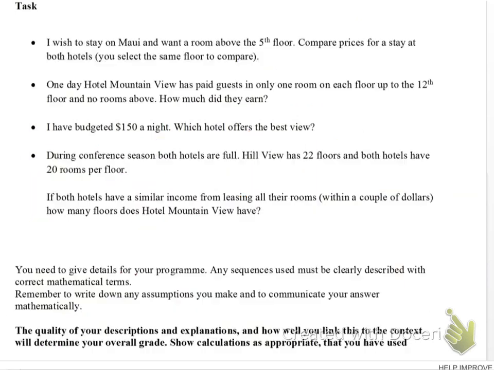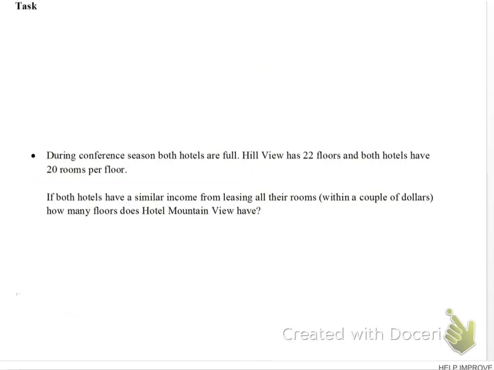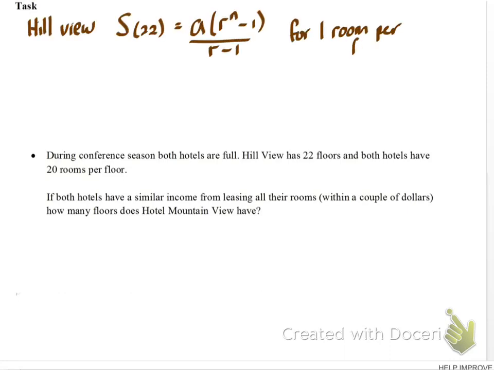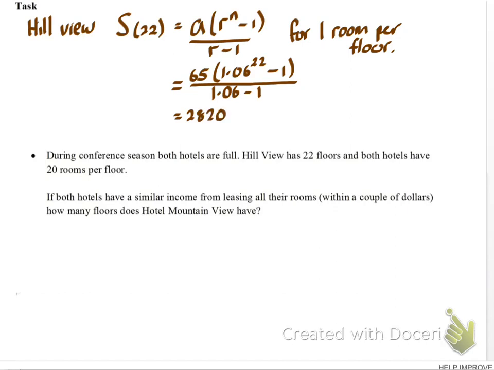Okay, so let's have a look at the next question. During the conference season, both hotels are full. Hillview has 22 floors. Both hotels have 20 rooms per floor. So I'm going to do Hillview. I'm going to sum 22 just for one room per floor, and then I'll multiply it by 20. So we go 1.06 times 22.